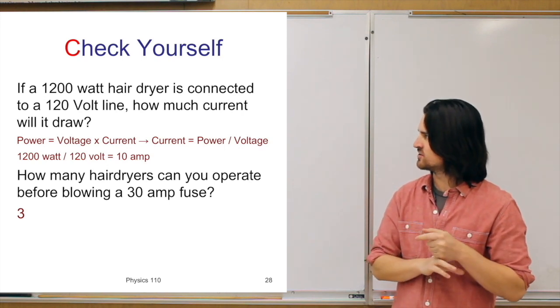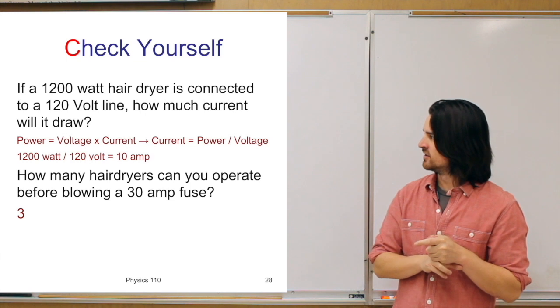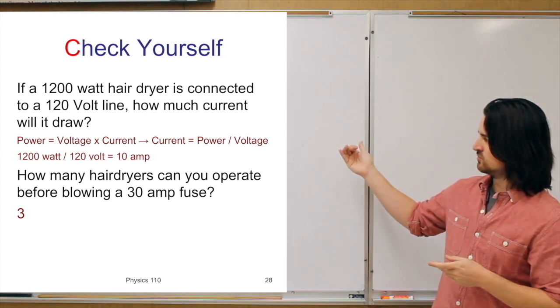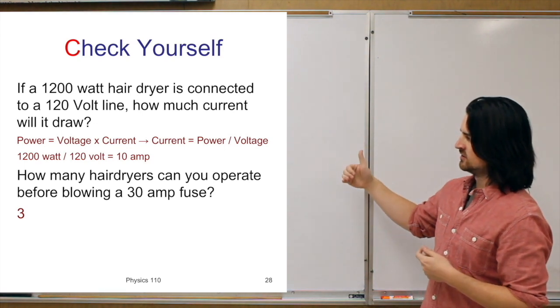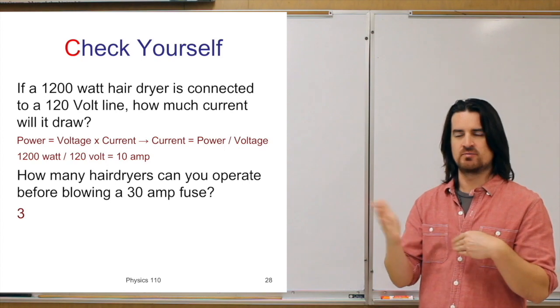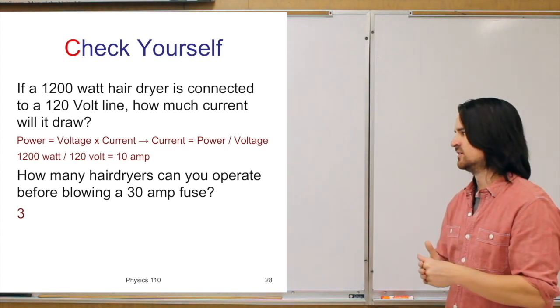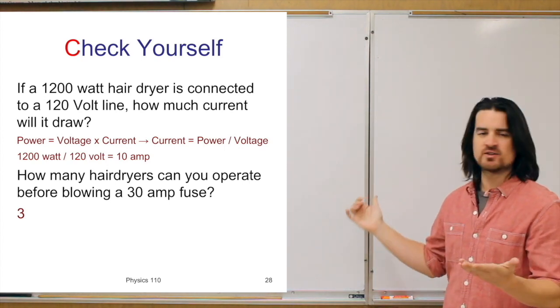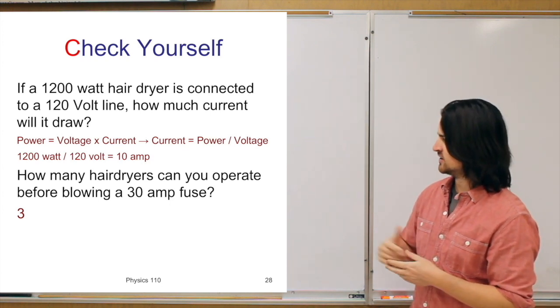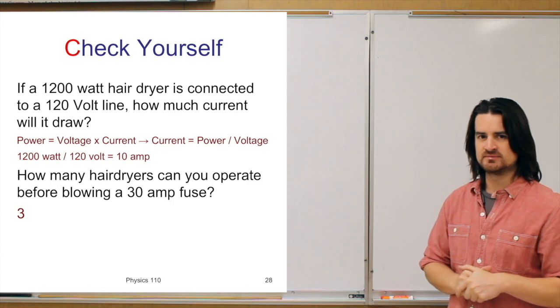So hair dryers can use up quite a lot of power and draw a lot of current. What that means is, if you have a 30 amp fuse or a 30 amp circuit breaker, a circuit breaker is going to open once 30 amps are flowing. That means you could plug in 3 hair dryers and you're going to reach that limit. It only takes 3 hair dryers going to blow a 30 amp fuse.